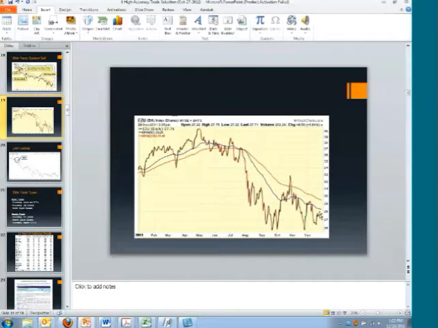To try to hedge some of our long positions in our stock and option portfolios, we've been taking short positions either by purchasing a short ETF or by purchasing a put option on these various indexes that are in bear markets right now. So here's an example of a sell signal for the EMA that we acted on, and we have a short position in this European index.